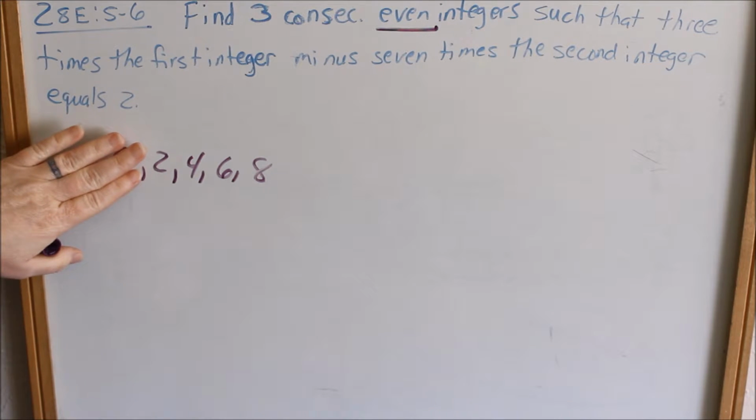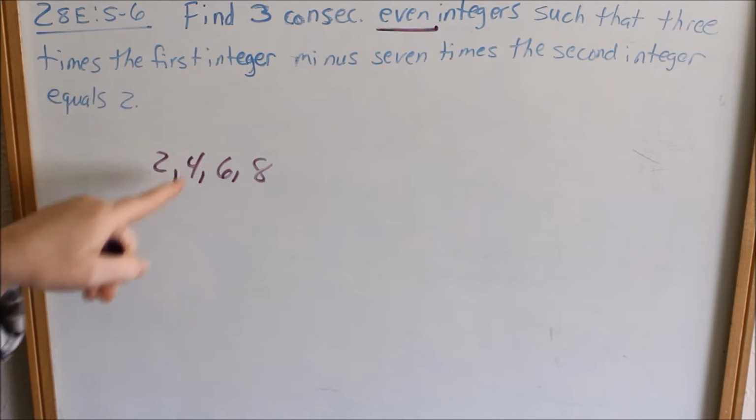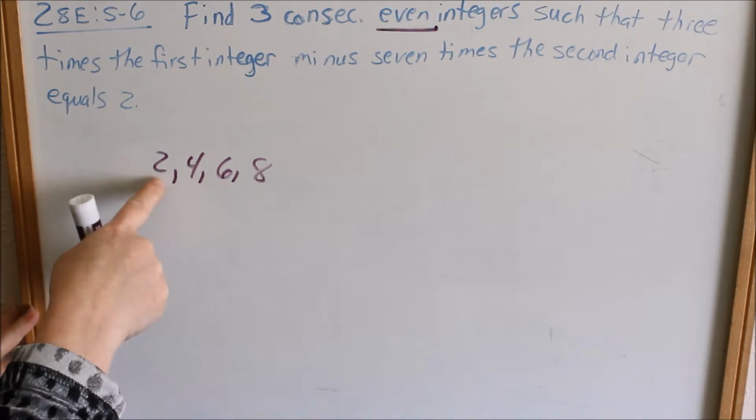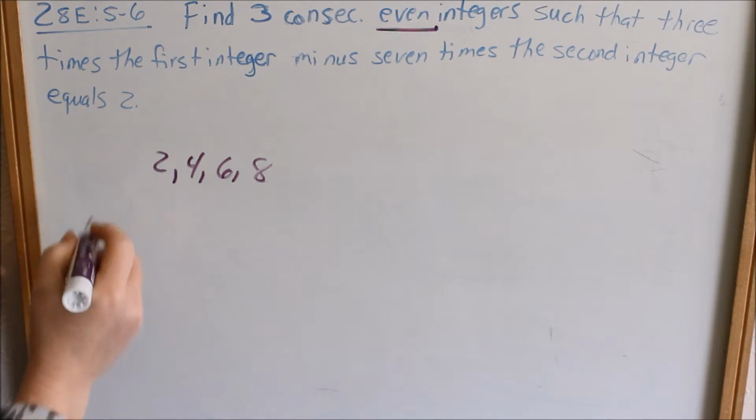Even if I don't want to use 0, I have 2, 4, 6, 8. They are consecutive, and they're all even. How did I get to the next one? I added 2 every time. So for even integers, you are adding 2 every time.